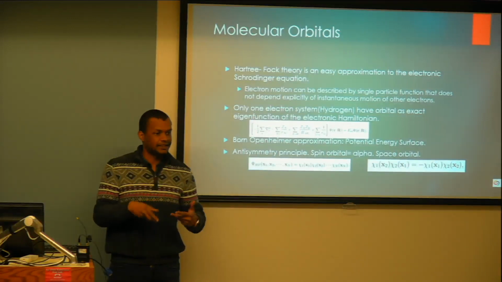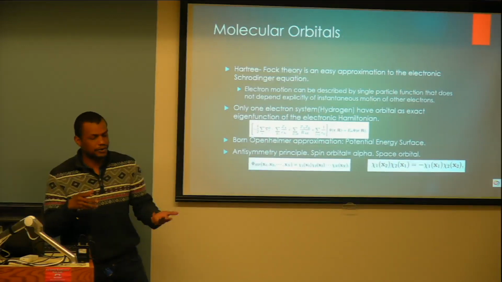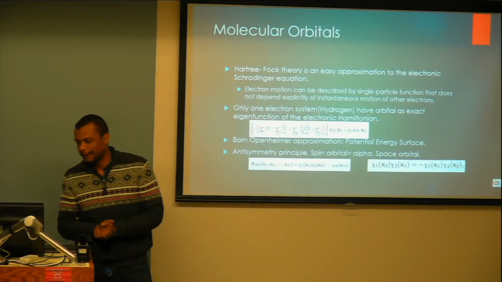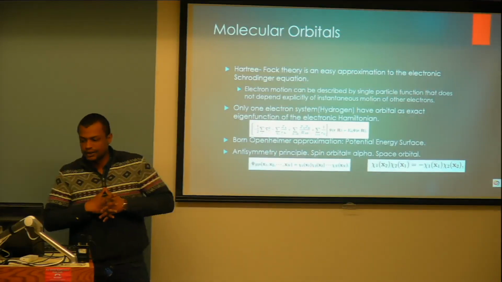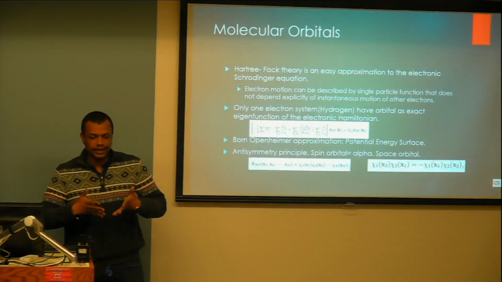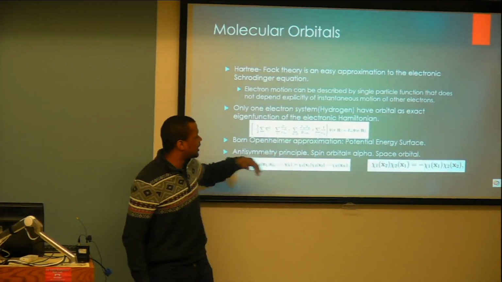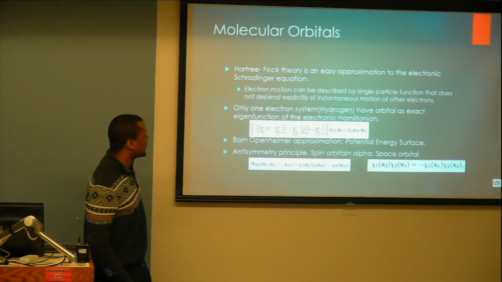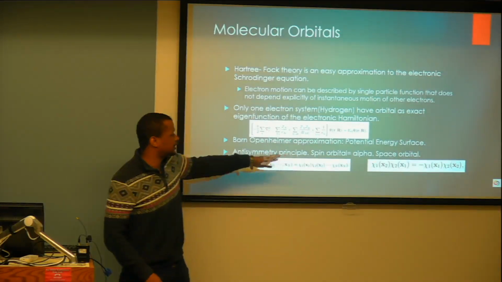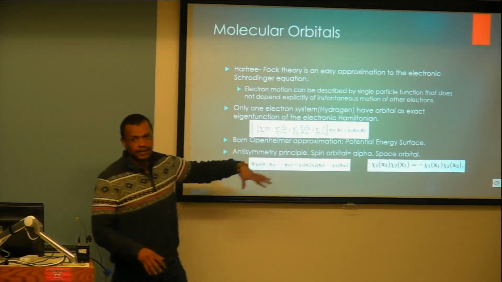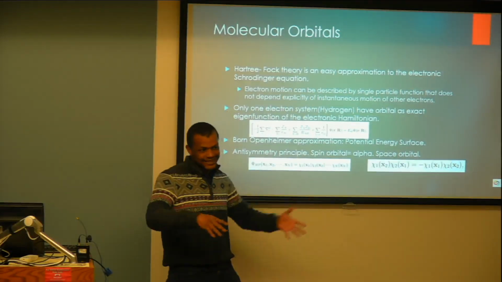It has to be in a different orbital, as the Pauli exclusion principle says. So from the main Hamiltonian, after the Born-Oppenheimer approximation, we can separate the electronic part and the nuclei part.